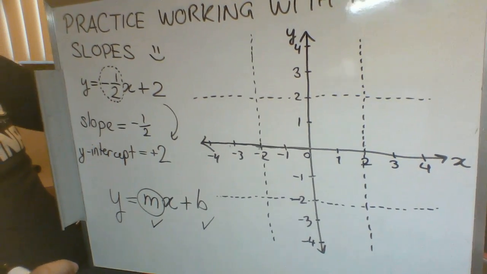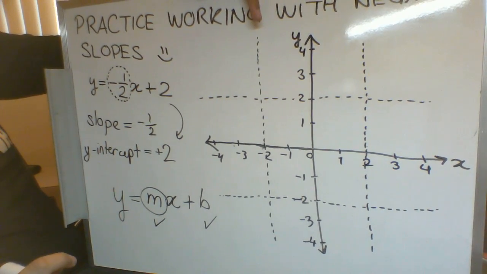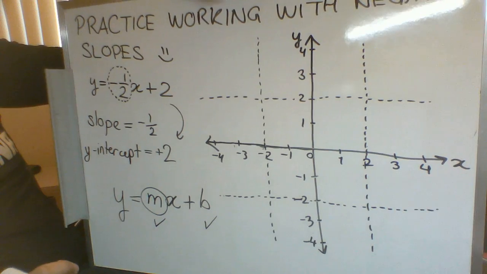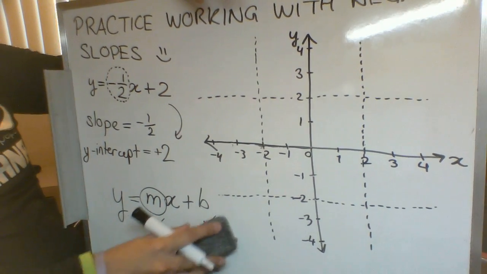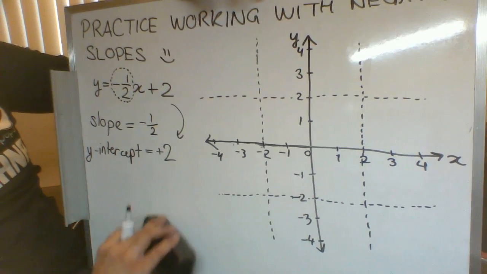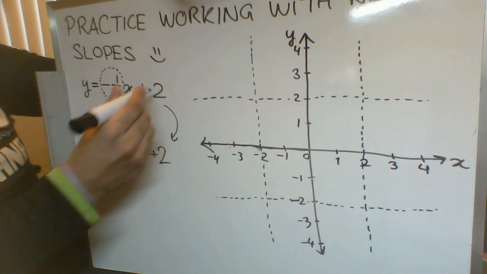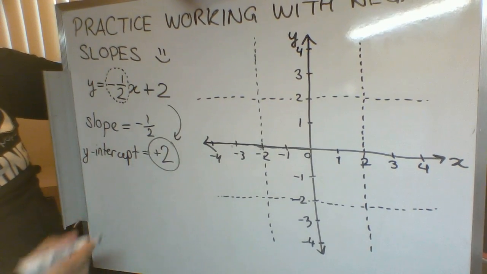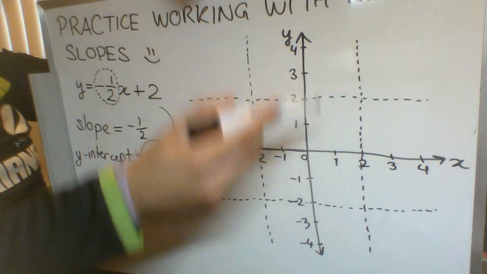So now let's go and graph this, but we can't graph it quite just yet, because we need to figure out our first point. We have a clue for how to get to our first point, and that comes from the y-intercept. Remember that the value of your y-intercept tells you where on the y-axis you're plotting your first point.